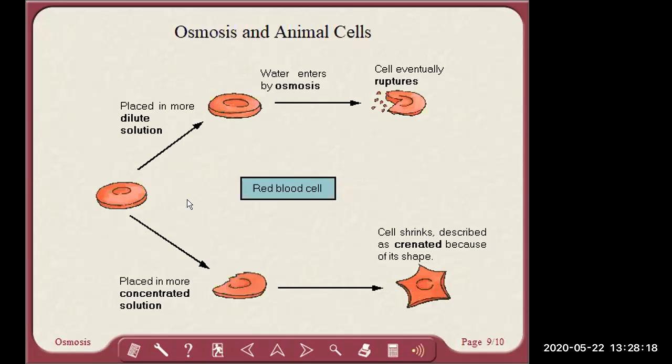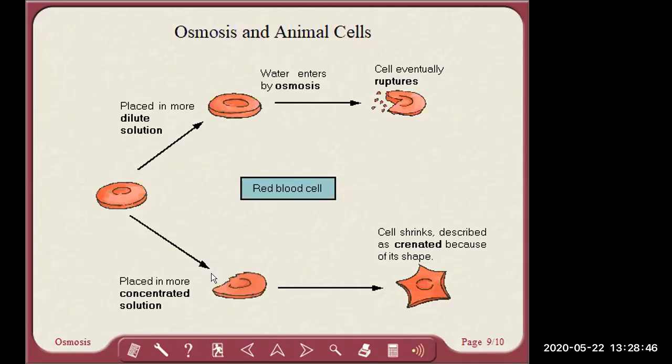It is placed in a dilute solution, meaning that you have more water than sugar, basically. And if we're thinking about lemonade, this does not taste good. It tastes like water, not enough sugar. So the water enters by osmosis and the cell will now burst. Remember that this cell doesn't have a cell wall. So once it expands, it will burst.